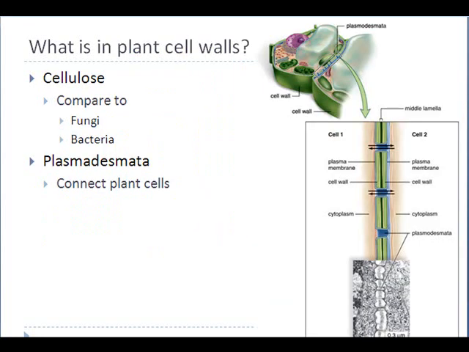And lastly, we'll just mention the one or two connections that are present in plant cell walls. Plant cell walls have connections called plasmodesmata, and these are almost channels through which molecules can go in and out of the cell. So these are connections found in plant cells only, remember that.